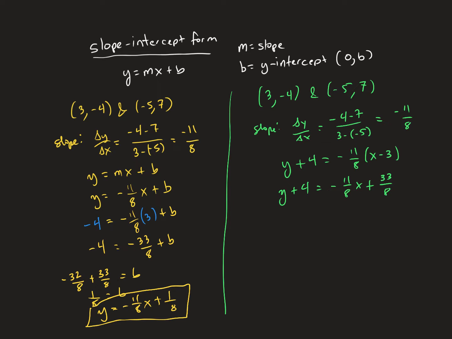And then I'm going to subtract 4 from both sides. And then negative 4 is the same thing as negative 32 over 8.